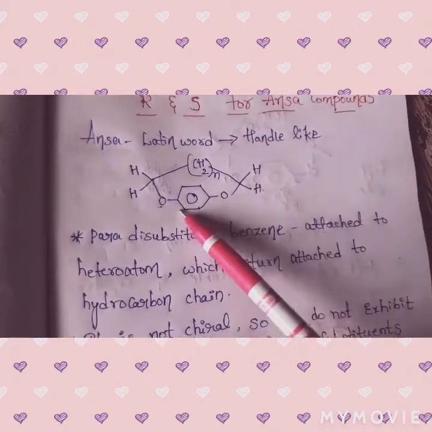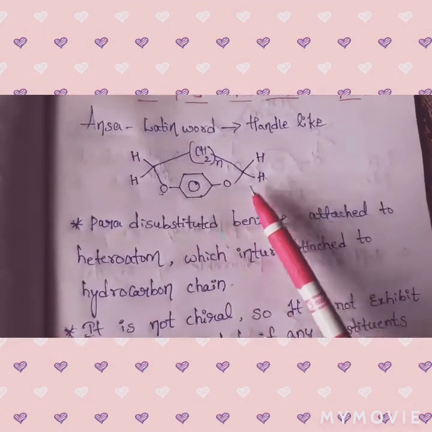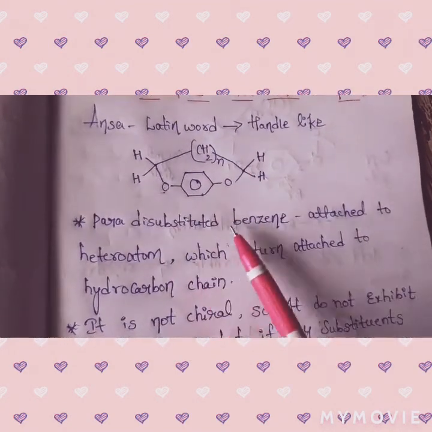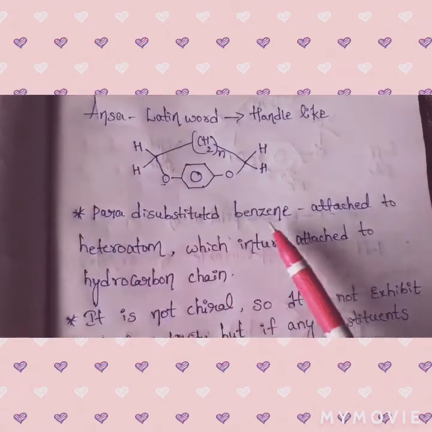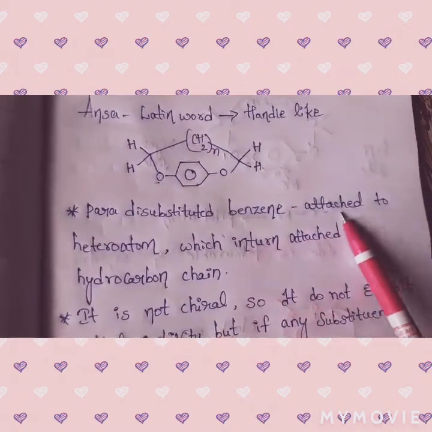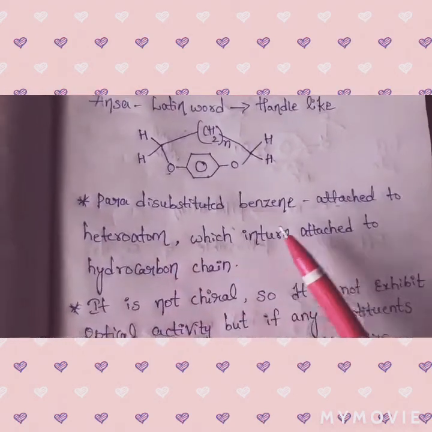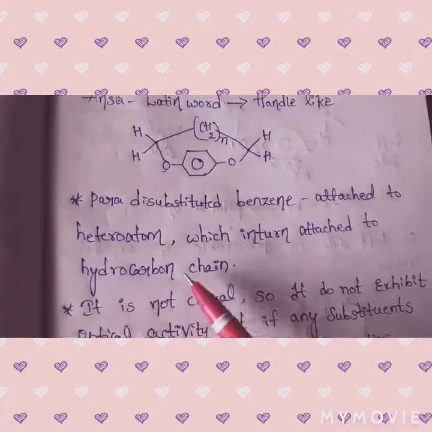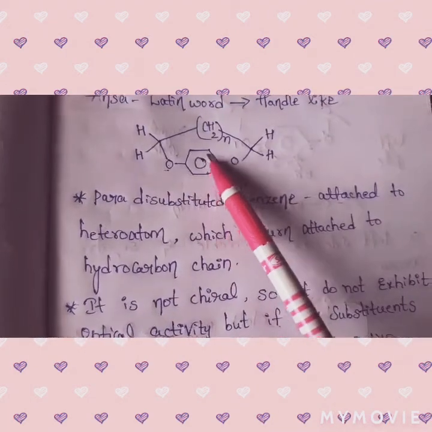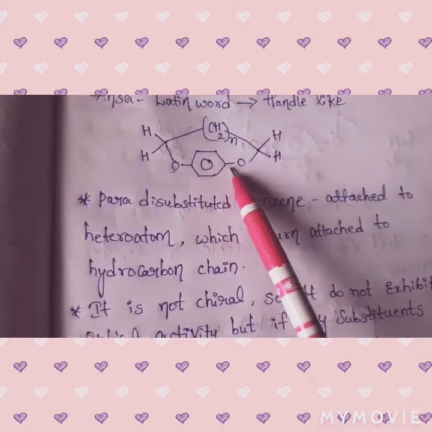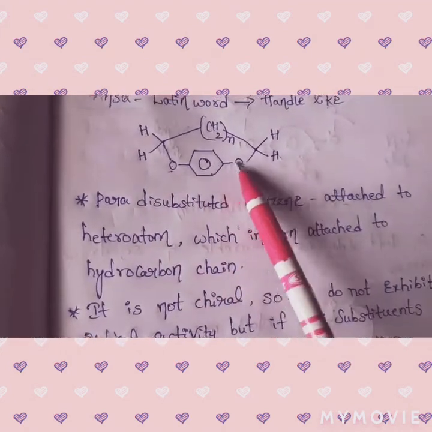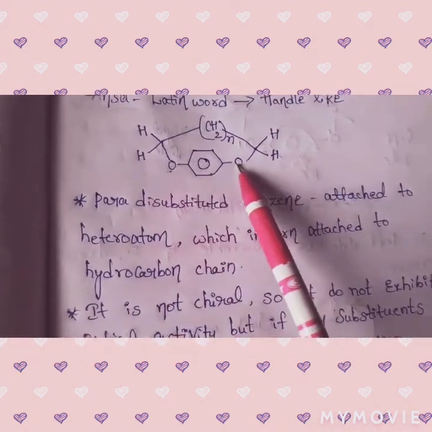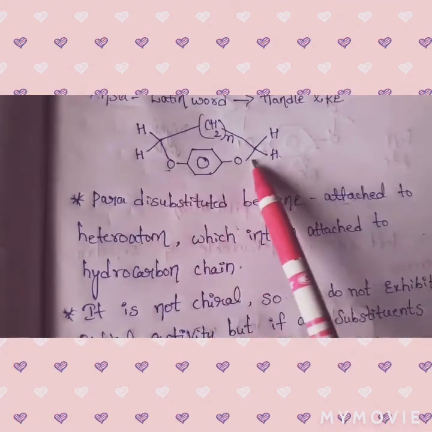What are ANSA compounds? Just a definition like this: para disubstituted benzene attached to heteroatom which in turn is attached to hydrocarbon chain. This is a benzene and this is the para position, we know. Para disubstituted means here two sides are substituted.